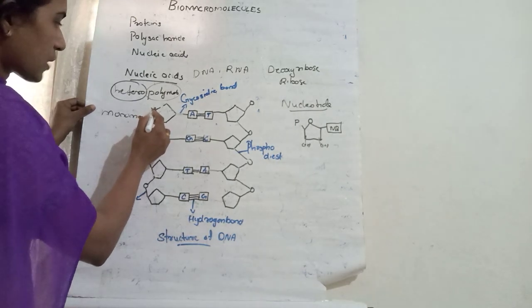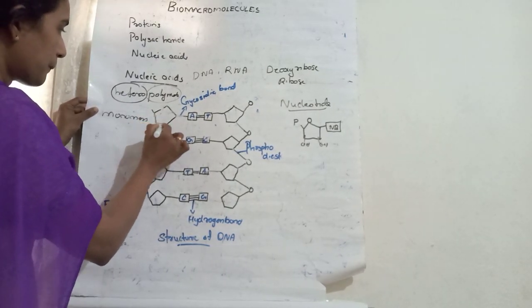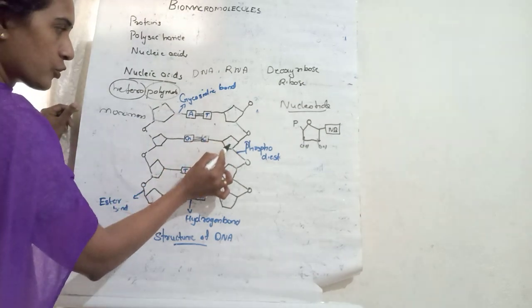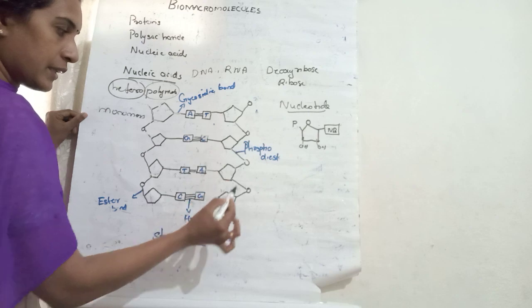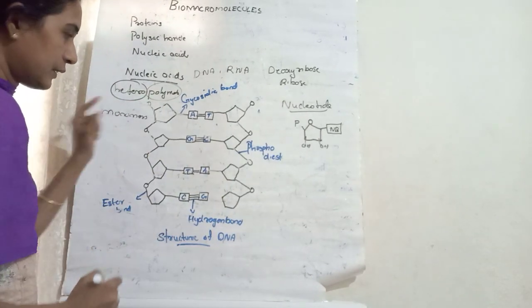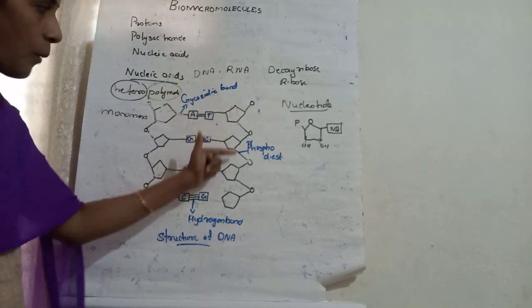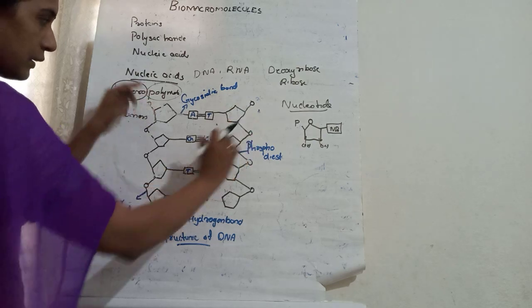Here you can see many nucleotides. This is one nucleotide, and this is another nucleotide, here another nucleotide, and here another nucleotide. Different nucleotides are in combination.